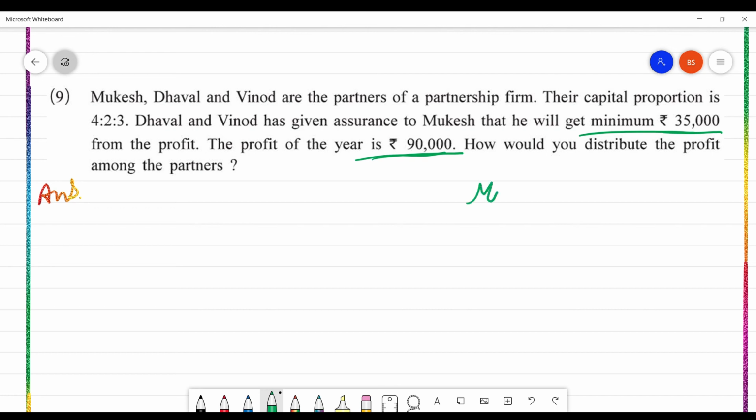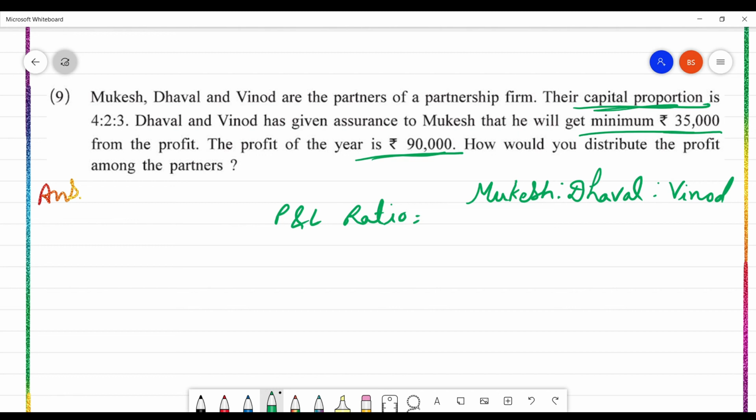First of all, we have to write down the P&L ratio of Mukesh, Dhaval and Vinod. The P&L ratio is not given in the sum. This ratio given is the capital proportion, so we will take equal ratio. Firm's profit is 90,000.